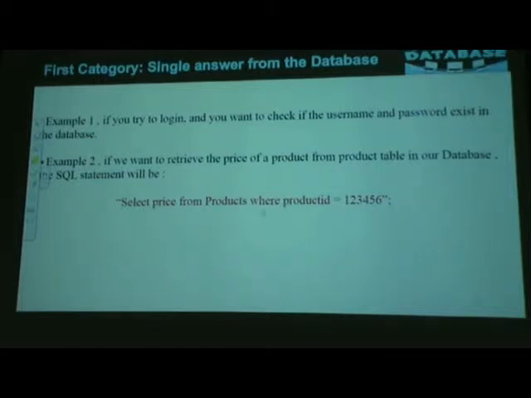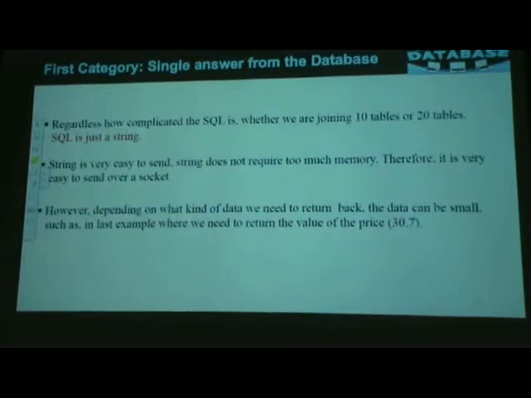So what we need is one answer. In both examples, we only need one thing from our database. Regardless of how complicated the SQL is, whether we are joining 10 tables or 20 tables, SQL is just a string. A string is very easy to send and doesn't require too much memory. Therefore, it is very easy to send over a socket. However, depending on what kind of data we need to return back, the data can be small, such as in the last example, where we need to return the value of the price.